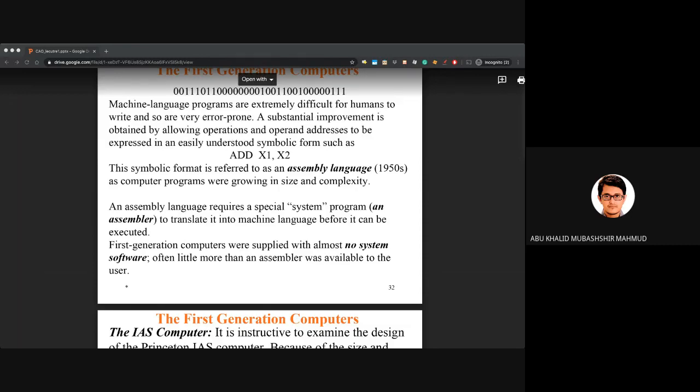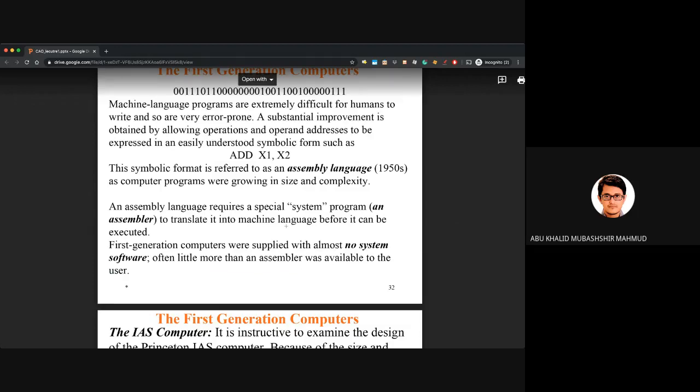It was kind of a dream, and often little more than an assembler was available to the user. It was only the assembler which was built into the system, and at that time, because there was no Facebook, it was used only for education or calculation purposes. So we can imagine what those who used the first generation of computers suffered through.